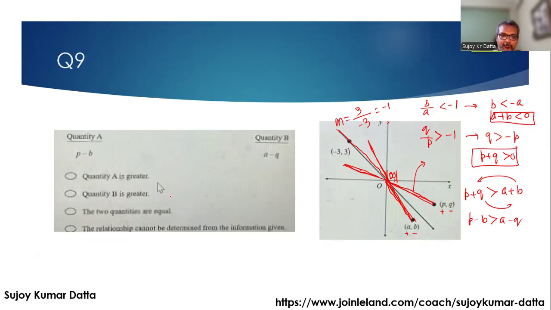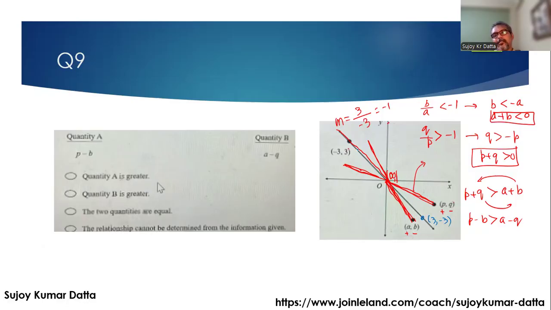A faster and simpler way of solving this is to just pick some values. As we know, a point on the given line could be, for example, x is 3, y is minus 3.